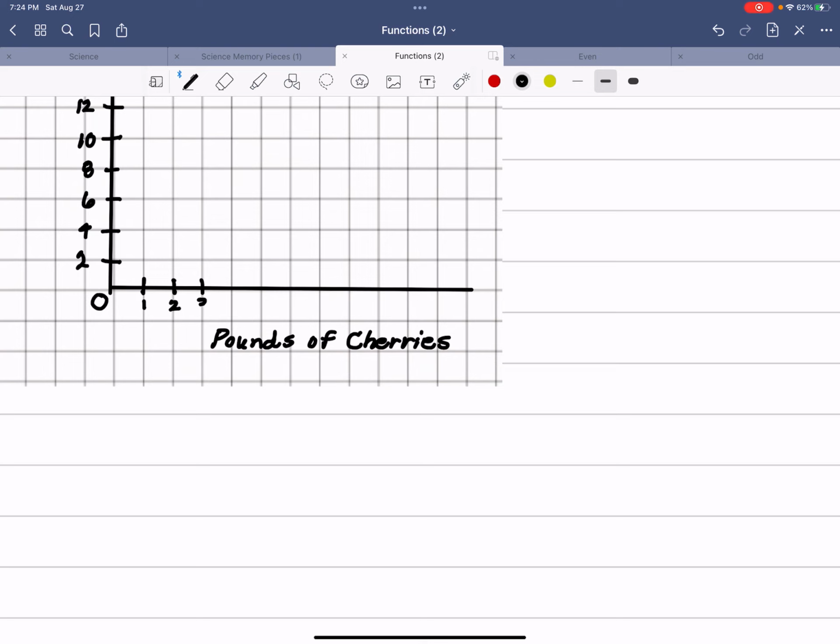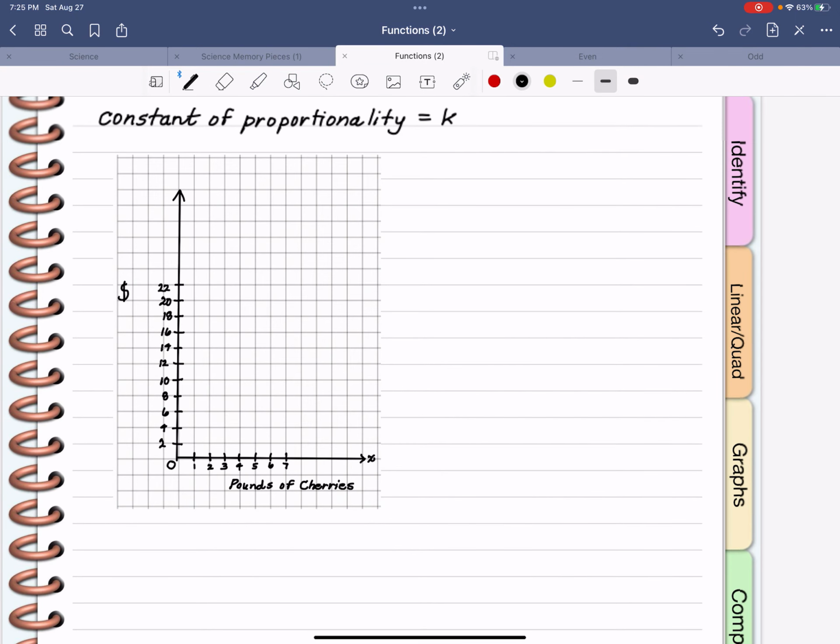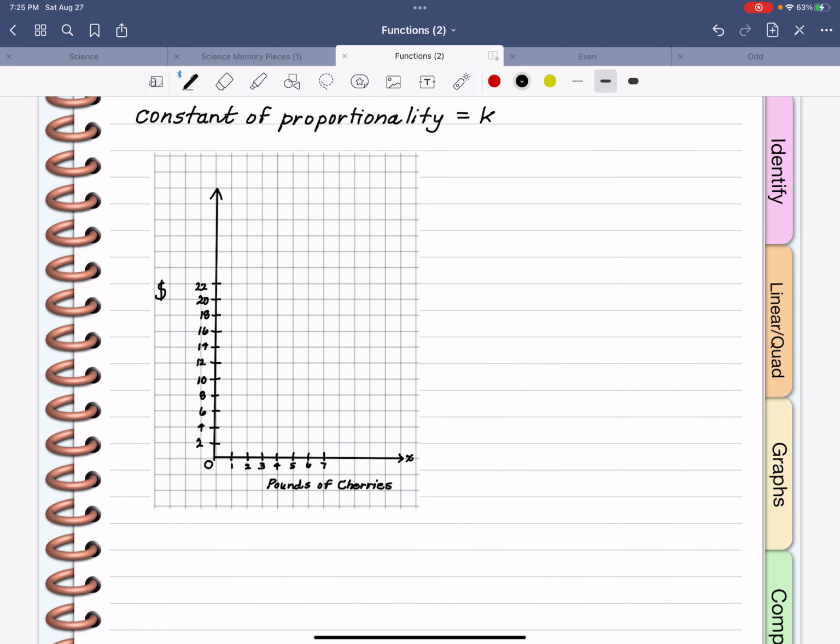So this is scaled in terms of 1. Each box is 1 pound more. And that could go on forever to positive infinity. So here's the basic graph that shows you the dependent and independent variables.